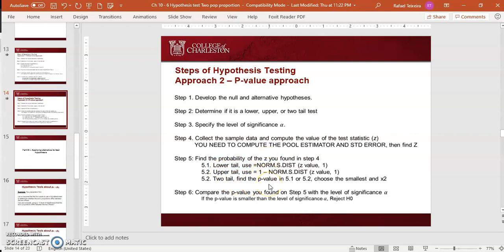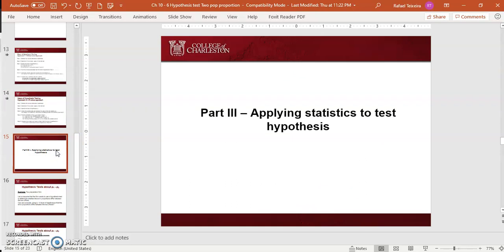And then you follow these steps, and then you find the probability, and then in the last step you compare the probability, the p-value, with the level of significance. And if the p-value is smaller than the level of significance, then you reject the null hypothesis. So I'm going to stop here, and I'm going to show you in the next video how to solve a problem using these concepts.